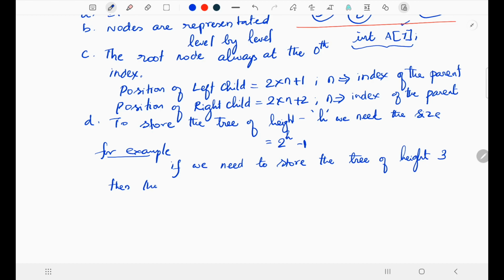The size of the array is 2 power 3 minus 1. 2 power 3 is 8, minus 1, 7. So you need to declare the size of 7. Okay, clear guys? Now let us take this small example.